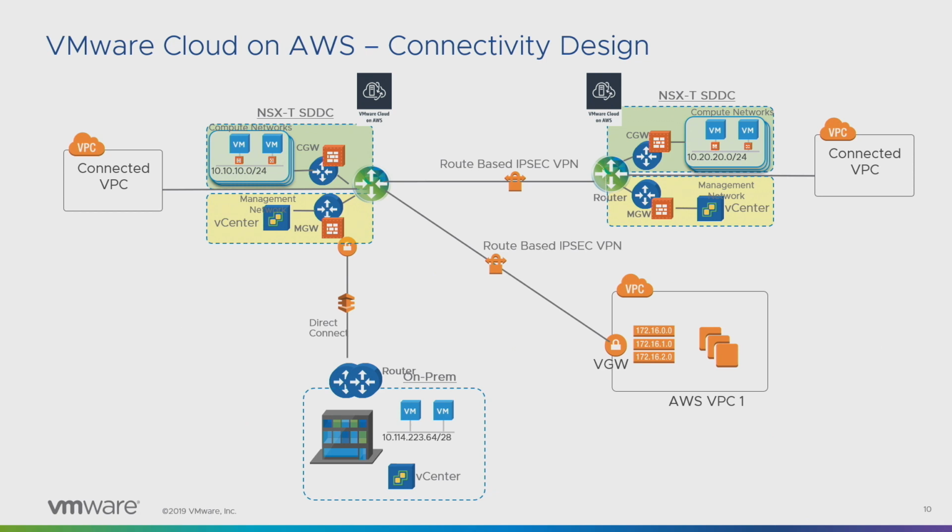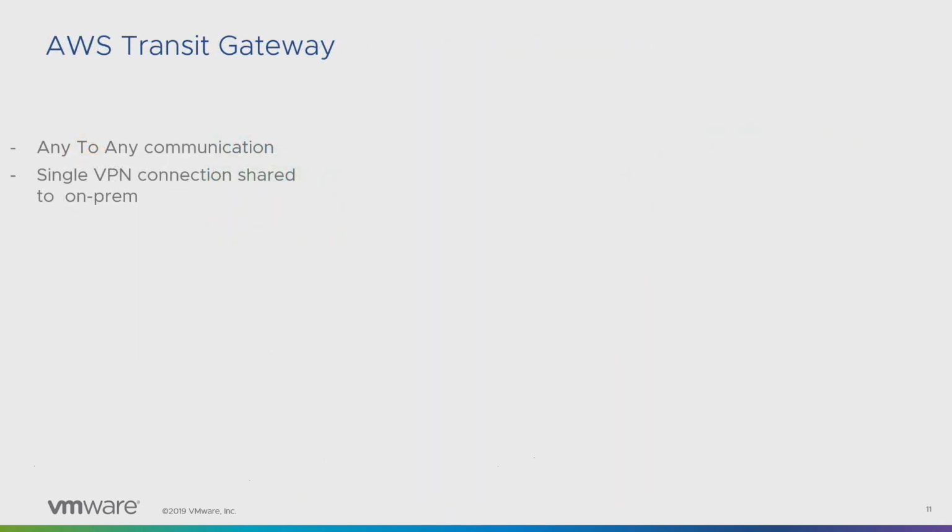And this is where AWS Transit Gateway can come in useful too for some of these designs when you want to do, for example, any-to-any type of communication, or say you want to share a VPN connection to your on-premises environment between multiple Leaf VPCs and VMware Cloud on AWS SDDCs.